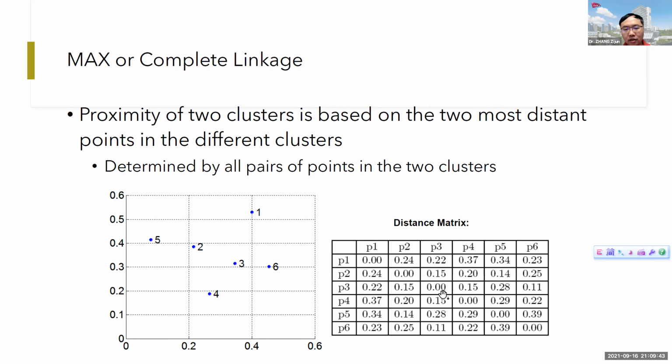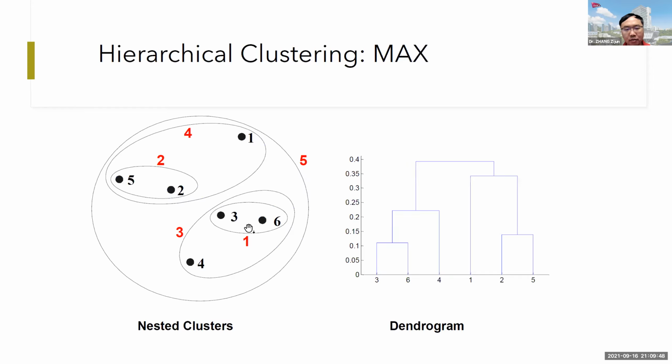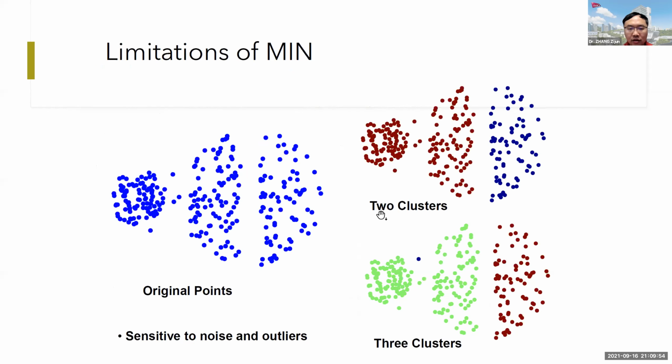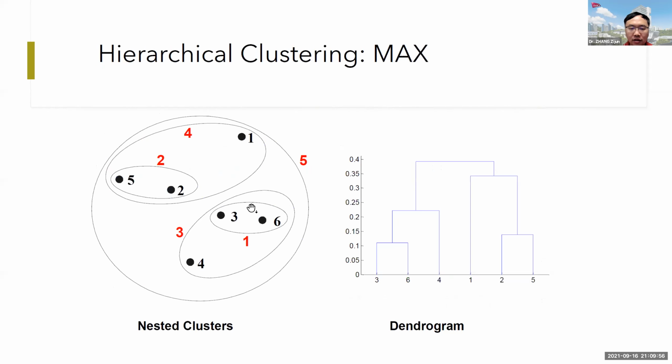The things become different when we update the distance matrix. Once we merge 3 and 6 as a cluster, we denote it as cluster C1.